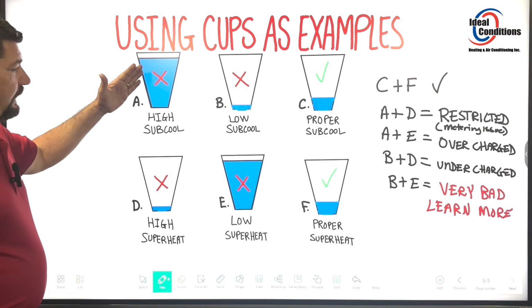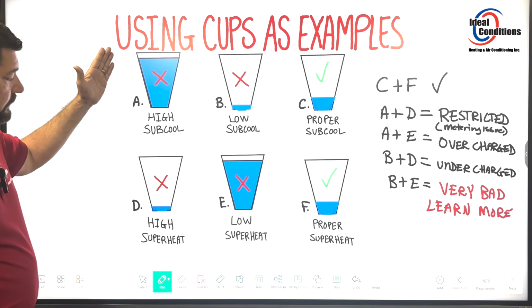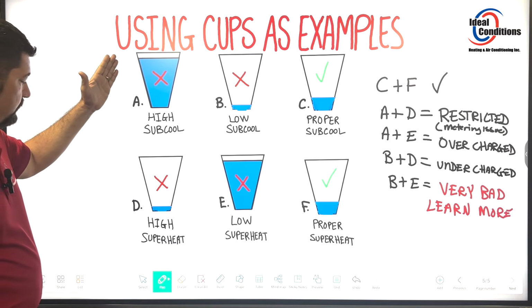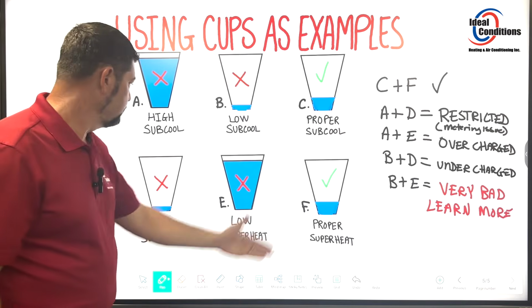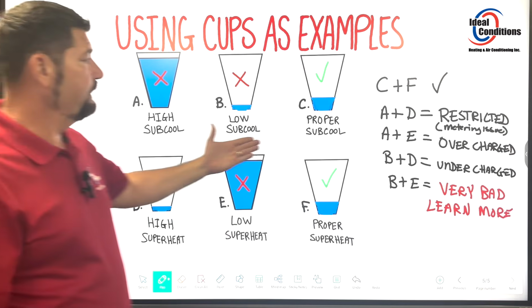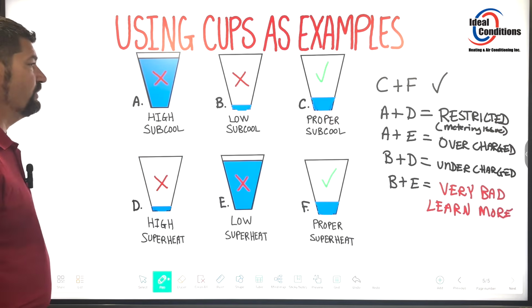And then we have a high superheat, right? Because it was 23, right? Because it's not the proper. And so A plus D is showing that we have a restriction.